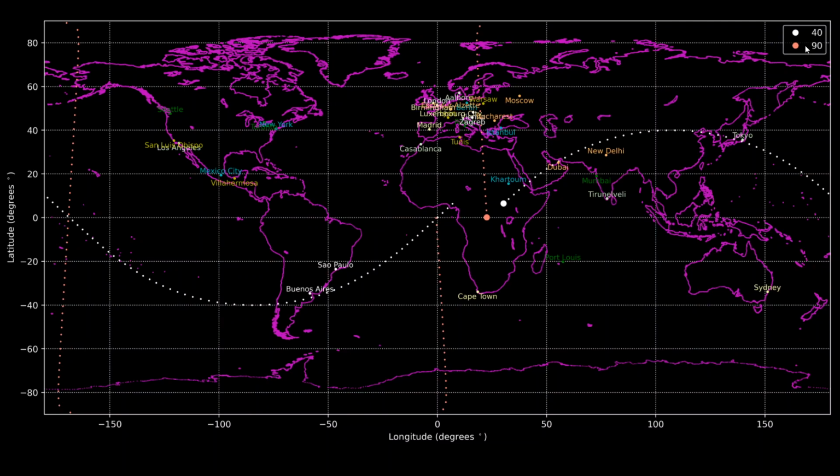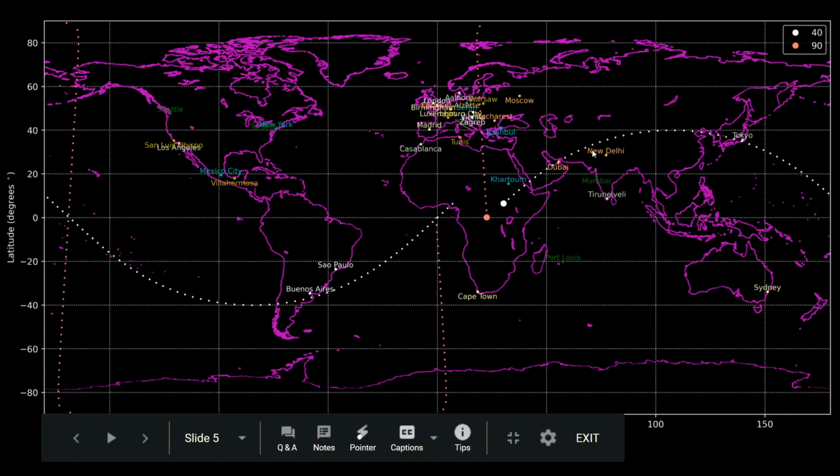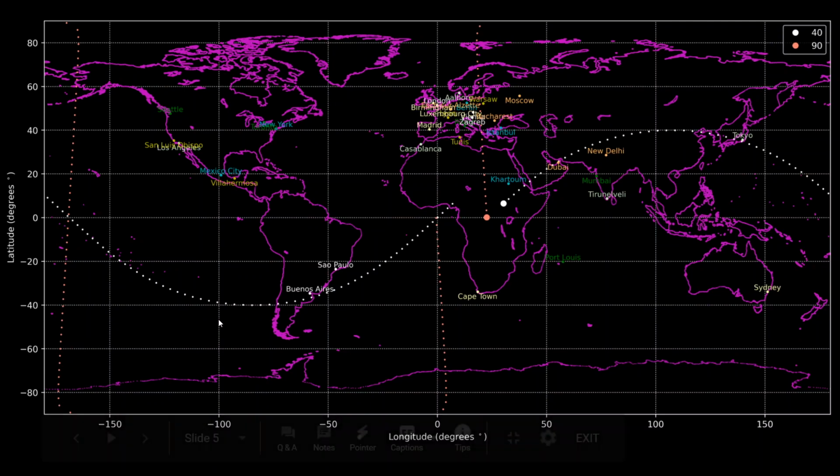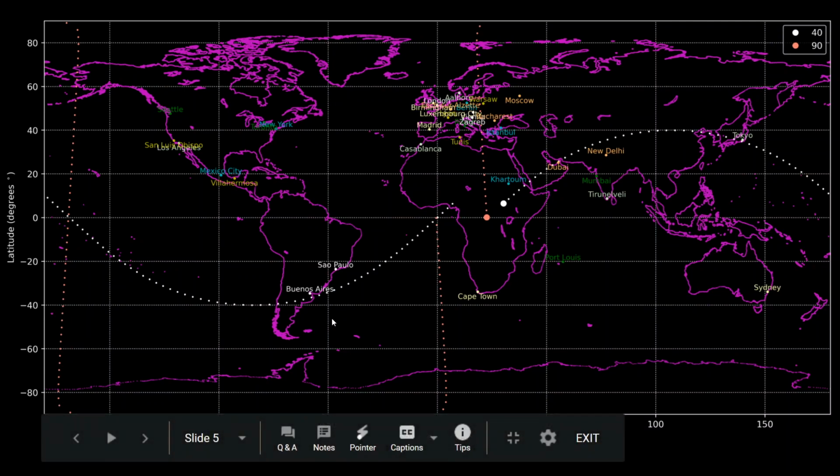And inclination is one of the easiest and most intuitive orbital elements to understand in ground tracks, because you can tell the inclination of the orbit by how high it goes. Basically, the max of the latitude is going to be the inclination of the orbit. In the white case, you can see that at the top, it reaches the line of latitude equal to 40 degrees, and at the bottom, it reaches negative 40 degrees.